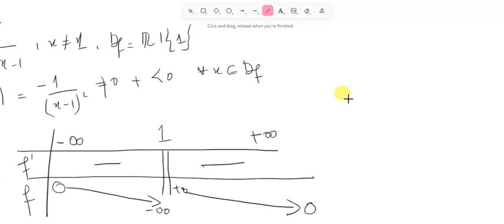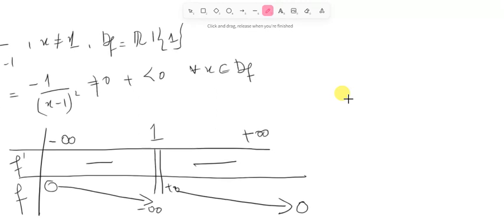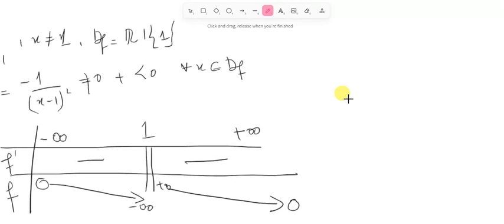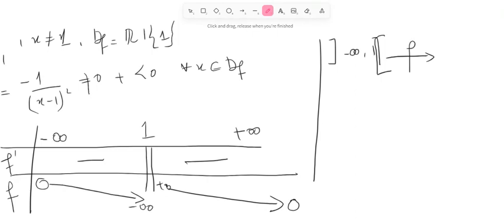So we have here two things that we need to discuss. First of all, we need to see if the intervals that we are having here in this table are mapped to themselves or not using f. So we start with the first one, minus infinity and 1. So it's open at 1.